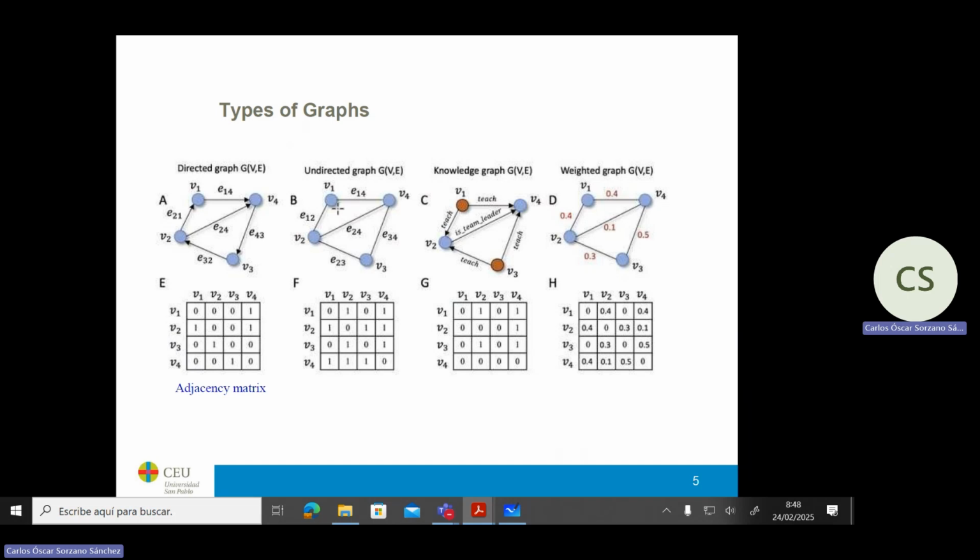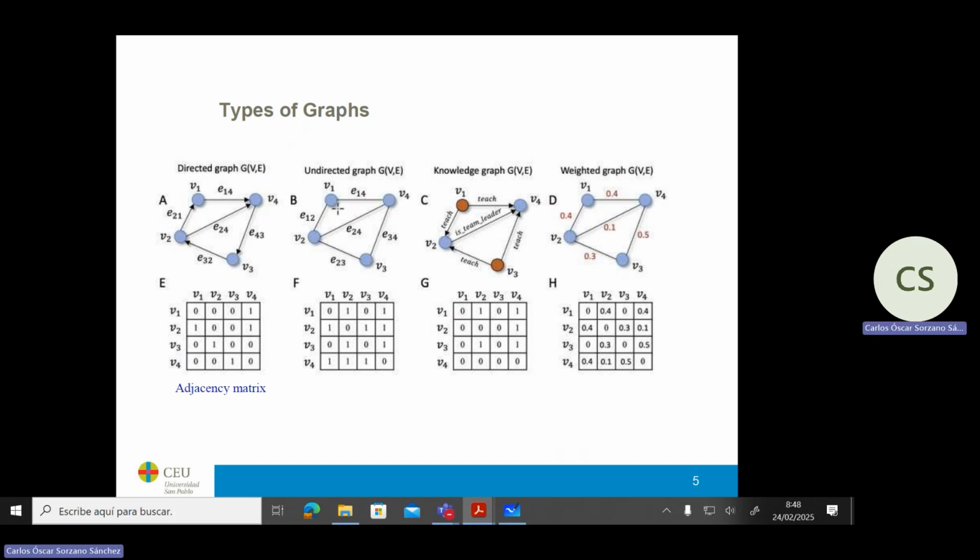Or they can be undirected. So simply these two nodes are related and they are related in both directions. And then you can put labels on the edges, and these labels can be relationships. So for instance, V1 teaches V4 and V2 is the team leader of V4 and so on. Or these labels can be numbers.